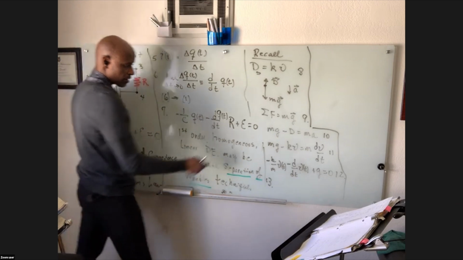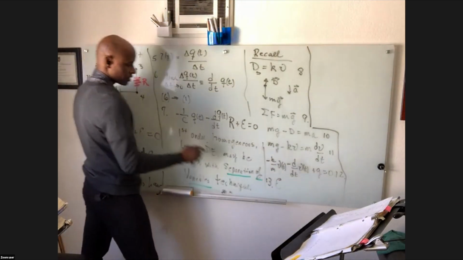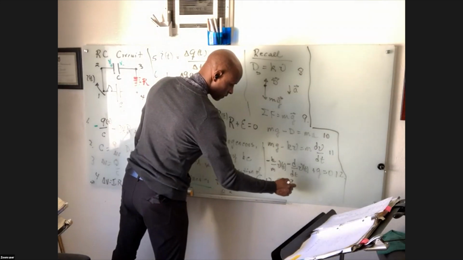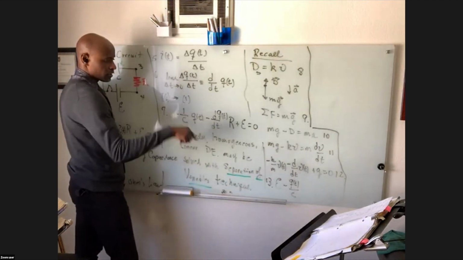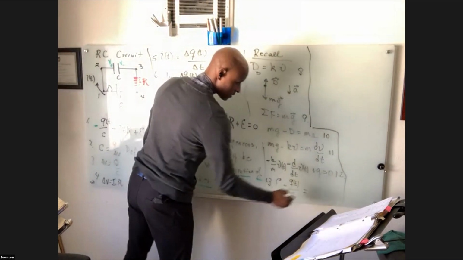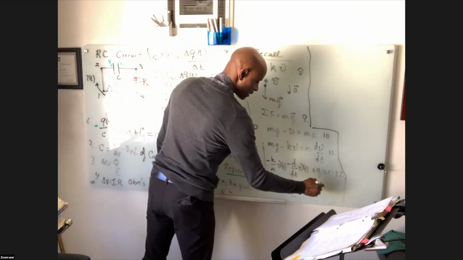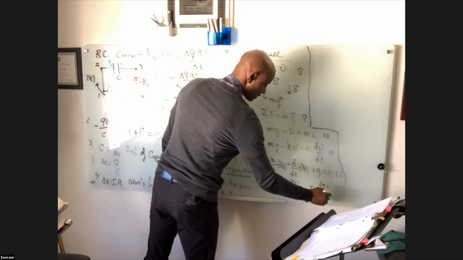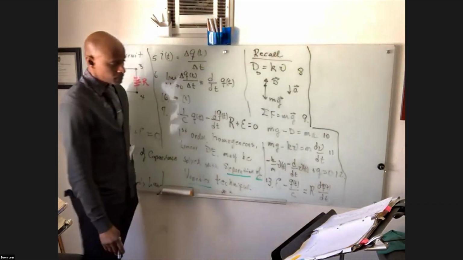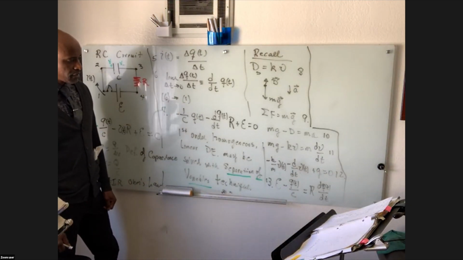So over here, I'll have the E, the minus Q over C, and on the other side, plus R times dq of t dt. So I've just algebraically solved equation 7, and that's 13.